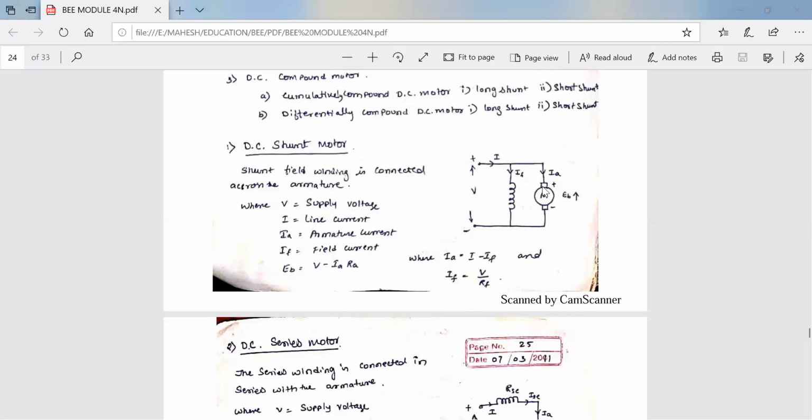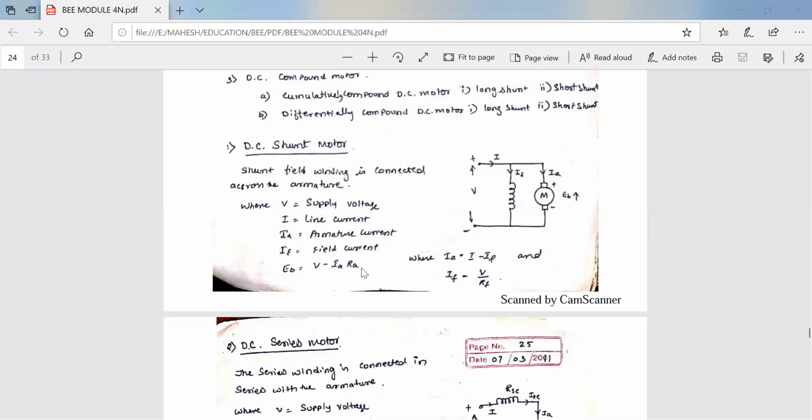If you want to calculate the back EMF, it is given by V minus IA into RA. We have observed that in a generator the EMF will be greater than voltage V, whereas here the back EMF will be less than the supply voltage. That's why EB equals V minus IA into RA.